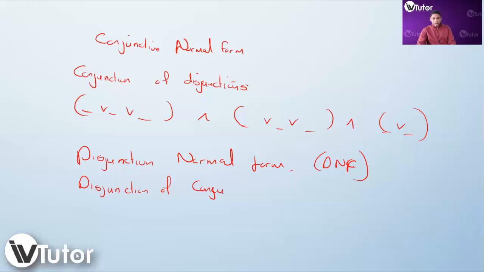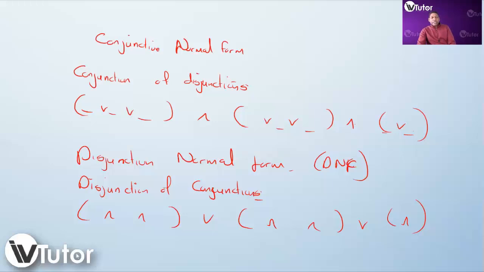So in terms of a disjunction of conjunctions, we are also going to have the same thing: a disjunction, but inside we are going to have conjunctions only. So that is by definition conjunctive normal form and disjunctive normal form.